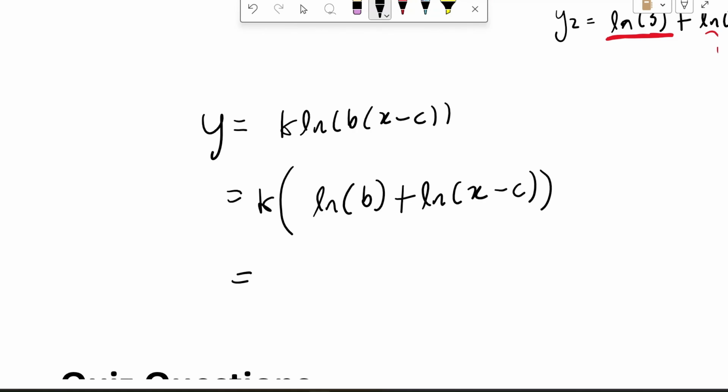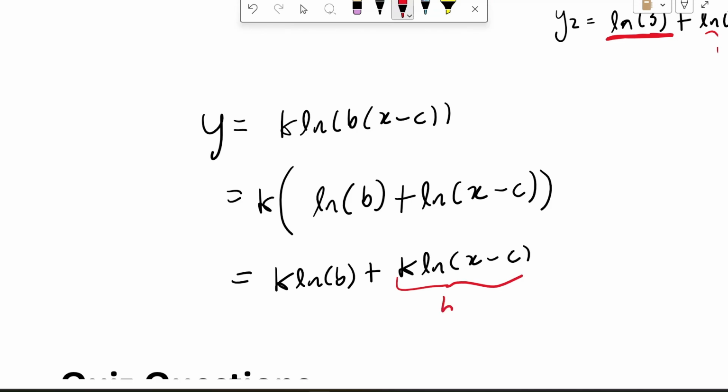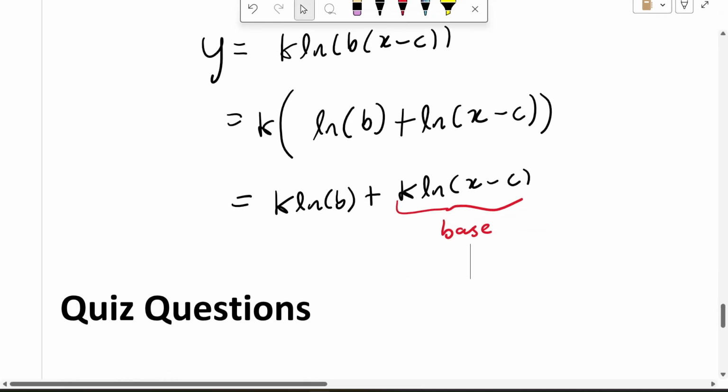And then if we expand it out with the k in there, you've got k log of b plus k log of x take c. So this is what you would call your base point to the graph. And then you're just adding on some constant, which does depend on what b is. So that's why b is a vertical translation, because you're just adding on log of b.